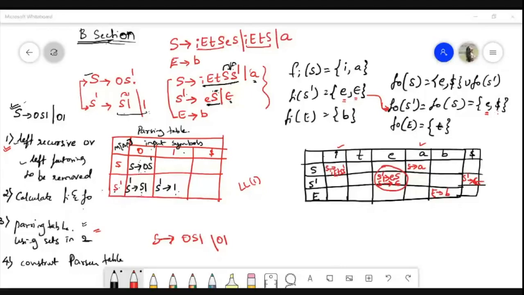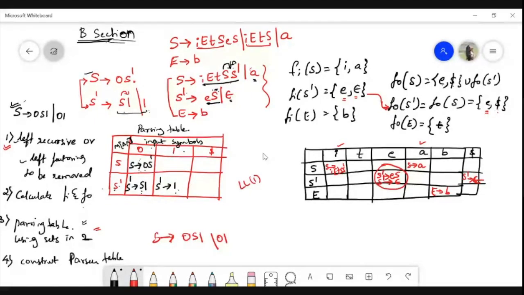Ma'am, could you explain this part again? Since S dash has E in the follow set as well as the first set, so we did this. Why did we do it? Furkan, you didn't get how these two came into one cell? Yes, ma'am.